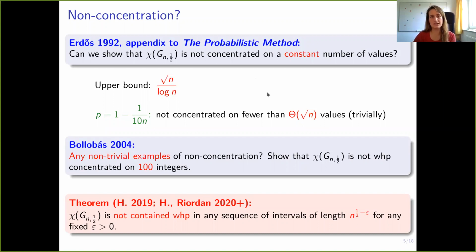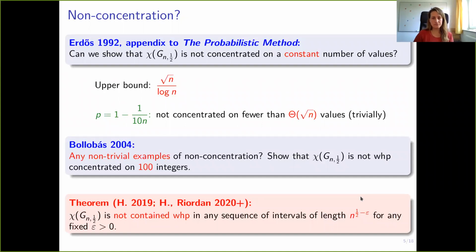If you compare this to the upper bound by Shamir and Spencer, or this slightly improved upper bound by Alon, you can see that the exponent matches up to this little epsilon. And you could also write some function instead of epsilon that tends to 0 sufficiently slowly.